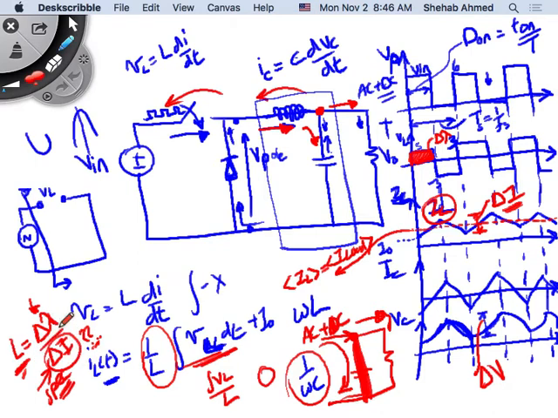Delta I is proportional to delta lambda, so delta lambda over L is delta I. This decreased, so delta I will decrease because of the switching frequency change.